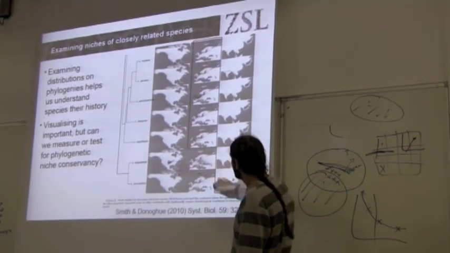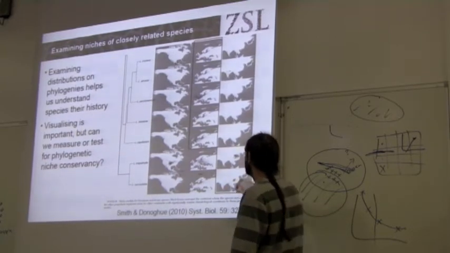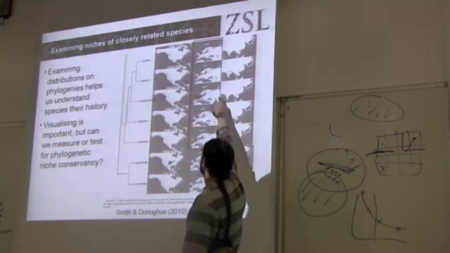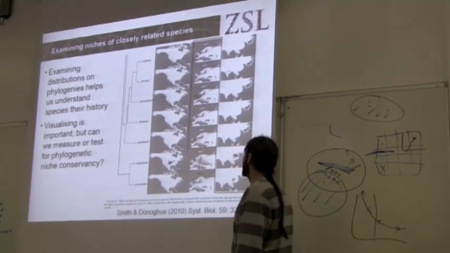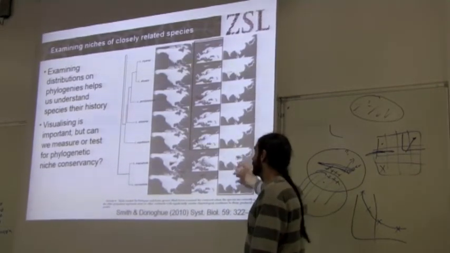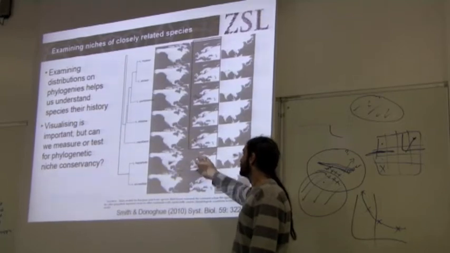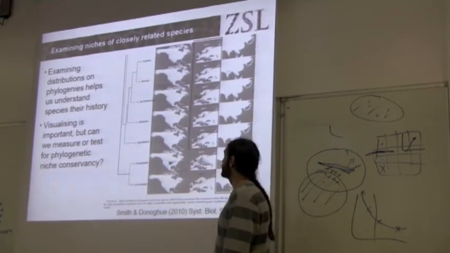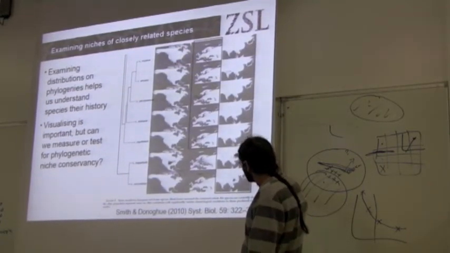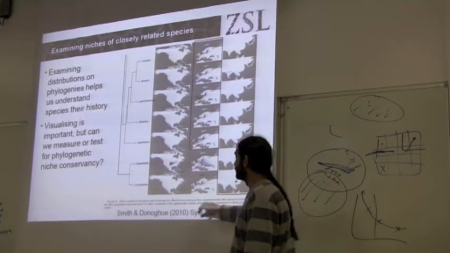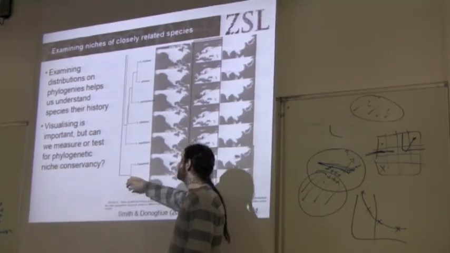Okay, so the boxes here show the native range. Here we see the native range, and these models have been transferred in space to other areas, and we can look at the present model distribution relative to our relationships.